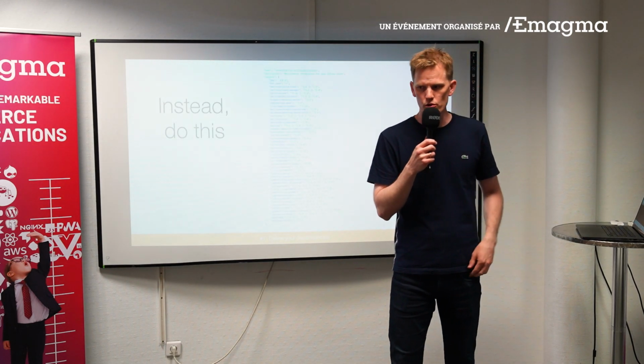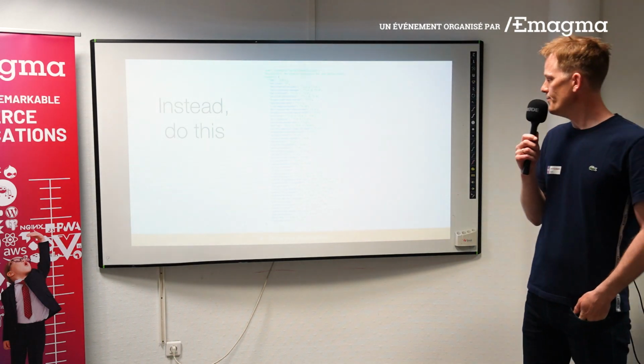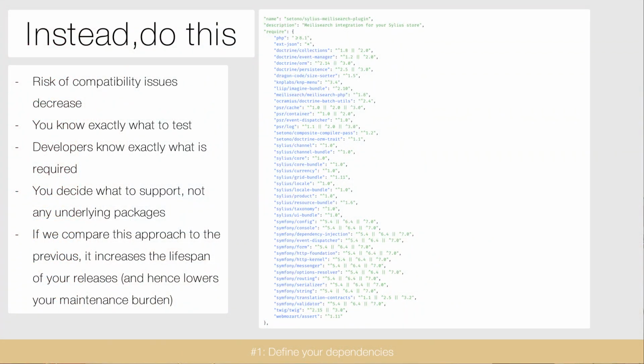What I like to do is to do something like this instead. What I've done here is that I've defined all the dependencies that I use in this plugin. And you might think that's harder to maintain, Joachim. But actually it's not. Of course, I have a tool to actually define these dependencies.